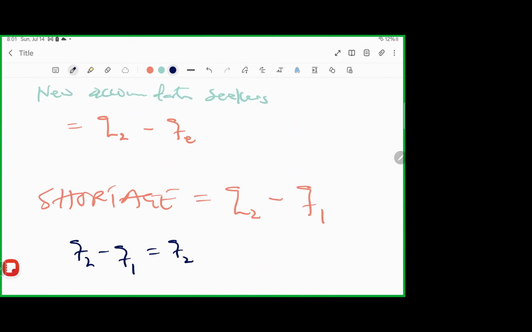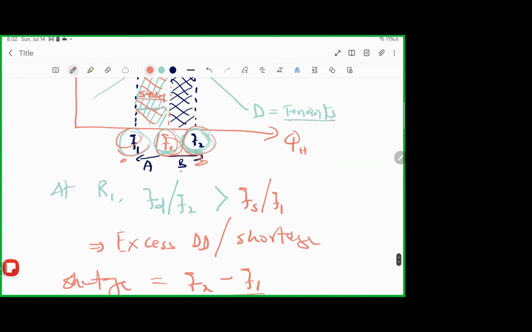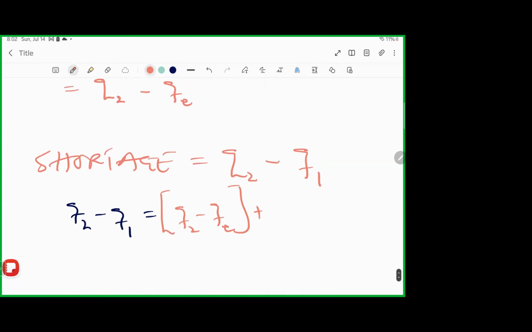Q2 minus QE, where Q2 minus QE represents the new seekers, which is the B part here, minus this part, which is QE minus Q1, where QE minus Q1 represents those who will be sacked.